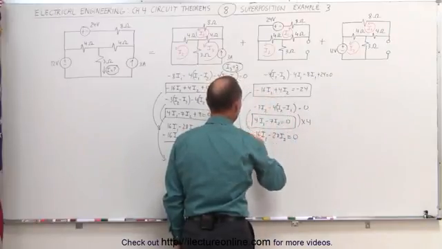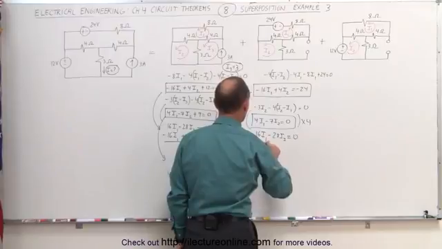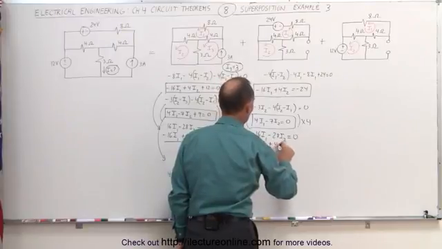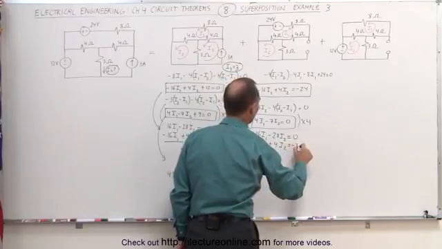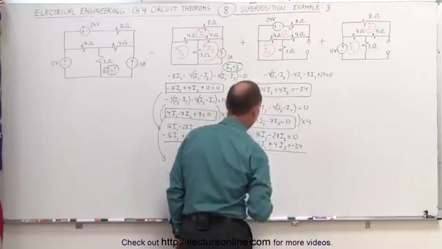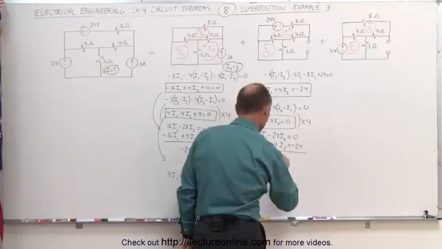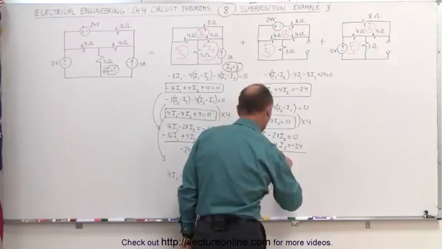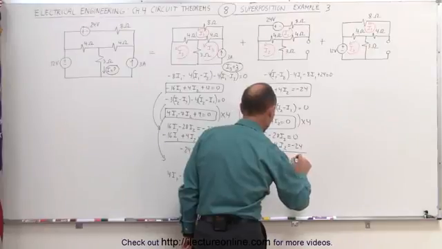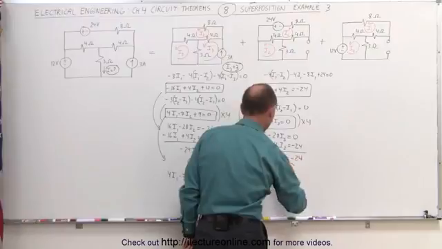Bringing this equation down here, I have minus 16I1 plus 4I2 equals minus 24. I1s drop out. Here I end up with a minus 24I2 equals minus 24. Therefore, I2 equals 1.